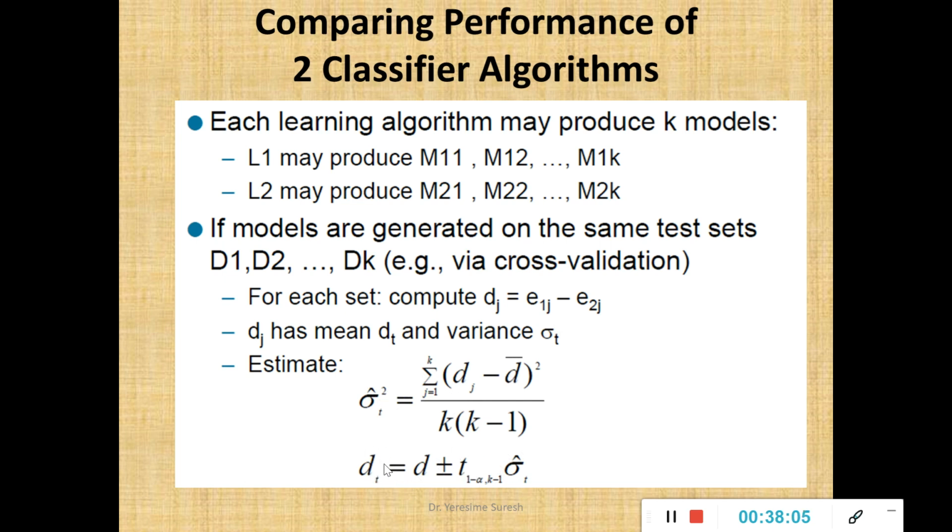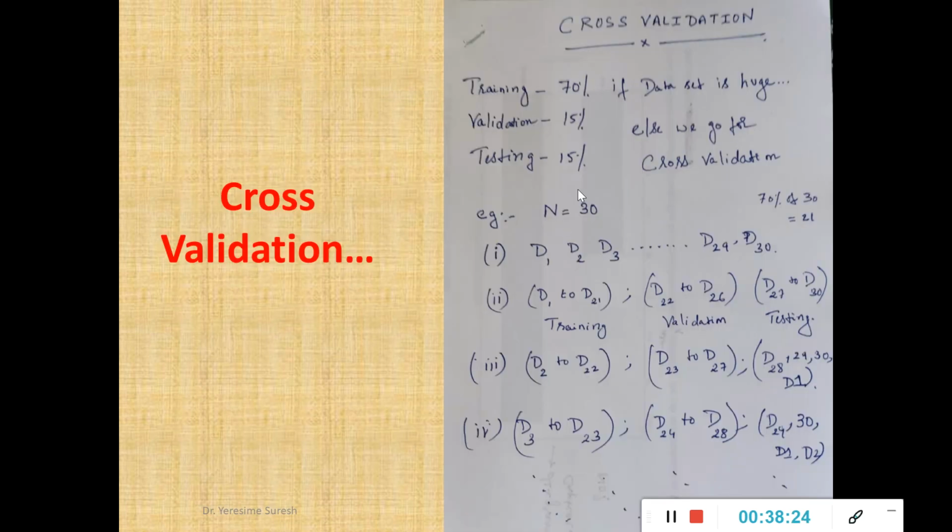And if the true difference, even for the partition data with cross validation, contains 0 in its interval from lower bound to upper bound, then they are not statistically significant. This is how you can compare two classifier algorithms or two classifiers when the data set is less than or equal to 30 instances.